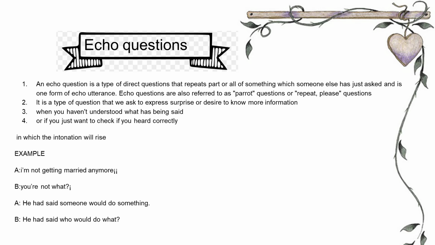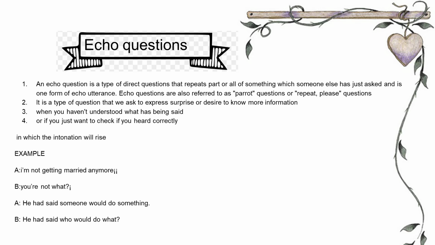An echo question is a type of direct question that repeats part or all of something which someone else has just asked, and is one form of echo utterance. Echo questions are also referred to as parrot questions or repeat please questions.